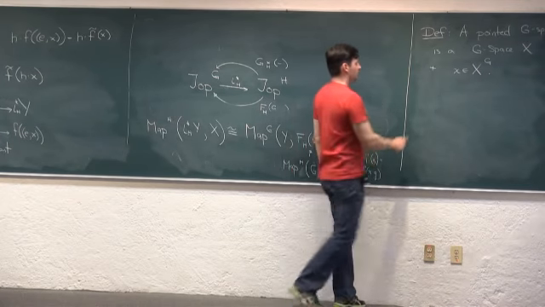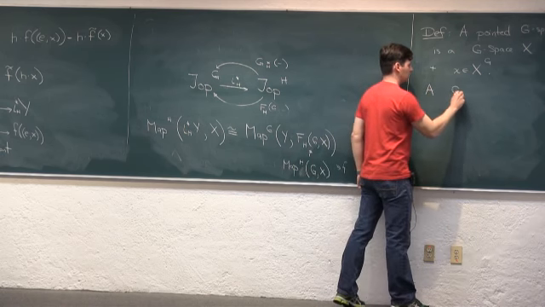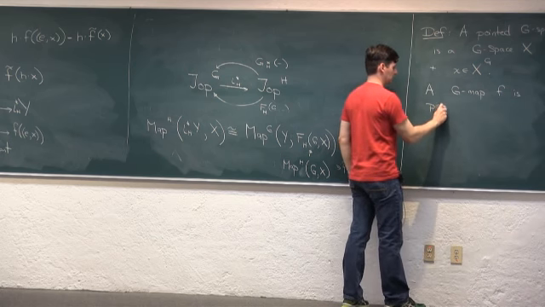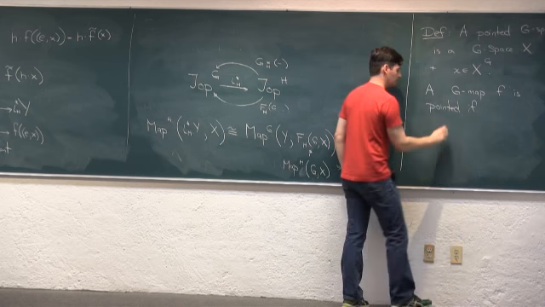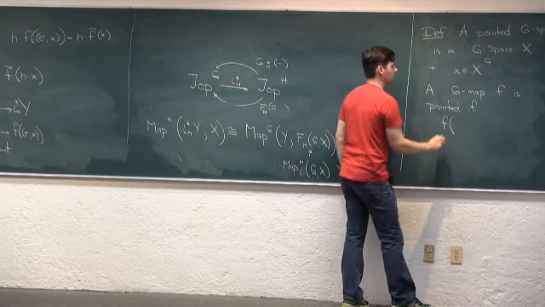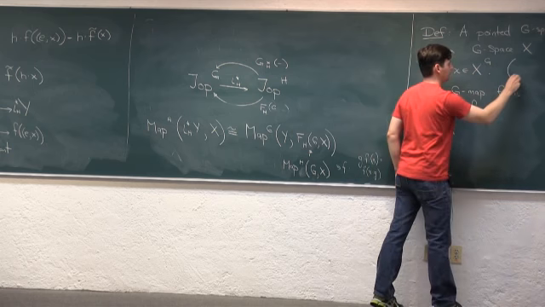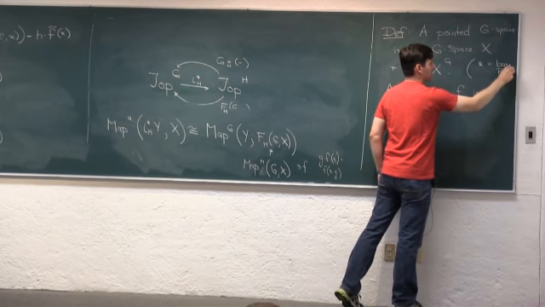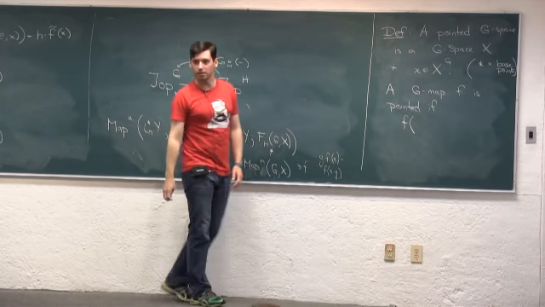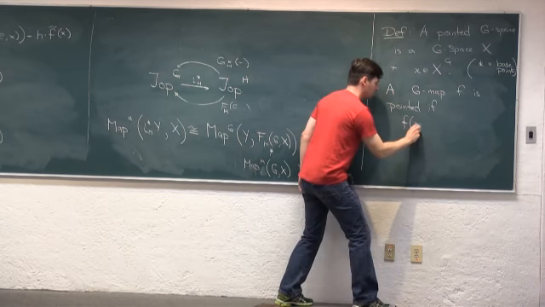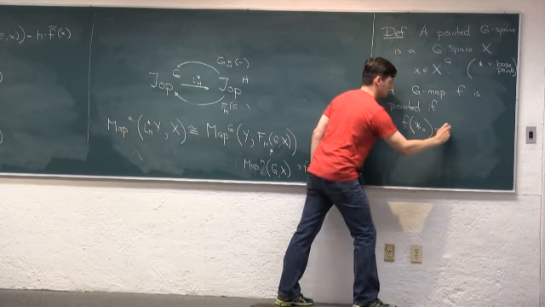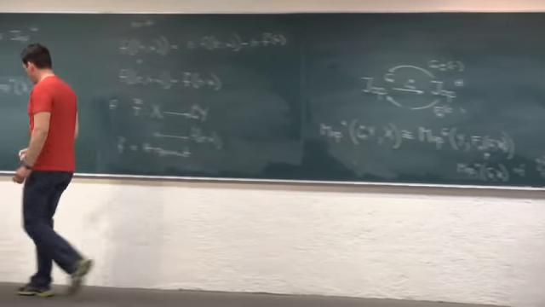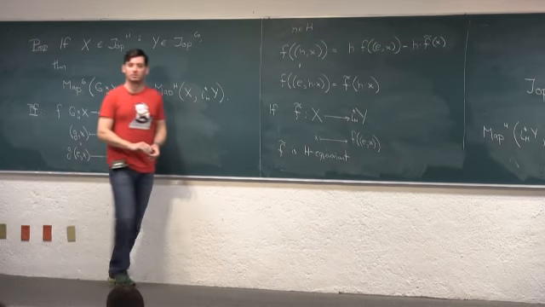I can say that a map, a G map f, is pointed if f of the base point of X, and I'm going to denote the base point by a star when I don't want to worry about naming it, is the base point of Y. So in other words, it's just as we saw in the ordinary case, I request that I send the base point to the base point.